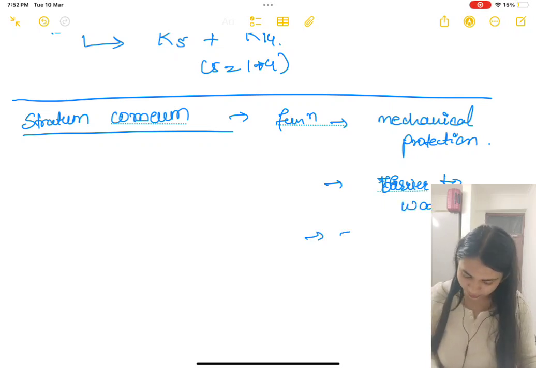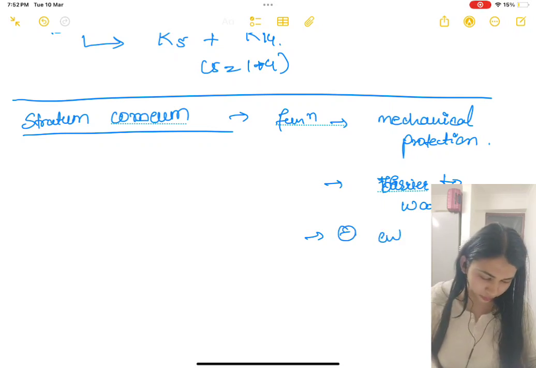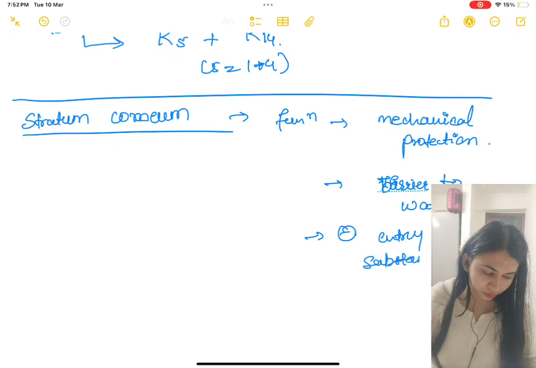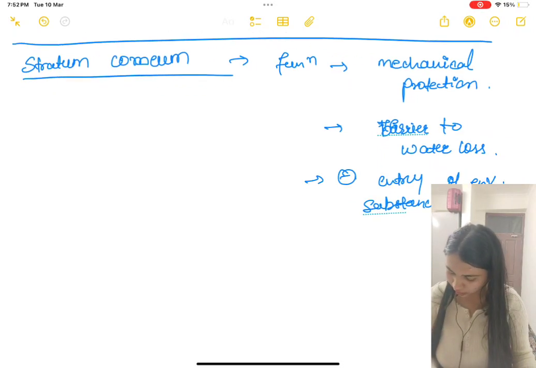And it will also prevent entry of environmental substances like bacteria, microbes, everything.